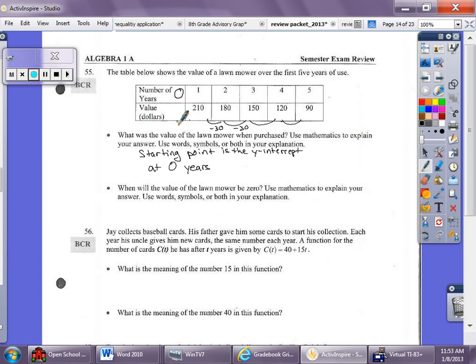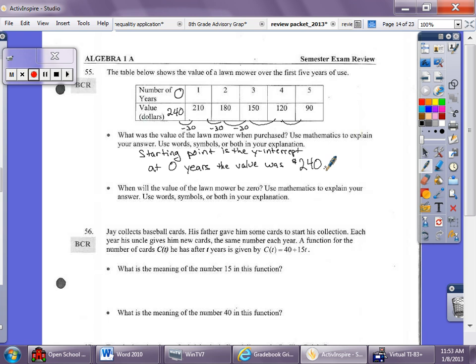If we need to subtract 30, that's going to be 240. So 240 minus 30 is 210. So at 0 years, the value was $240. So what we really did was we found our y-intercept.